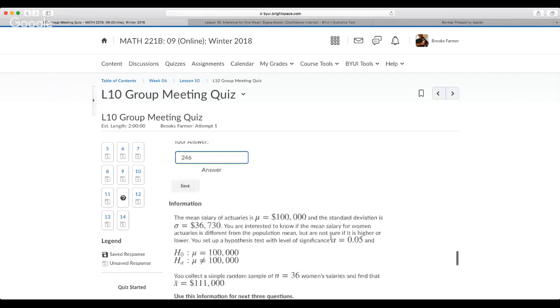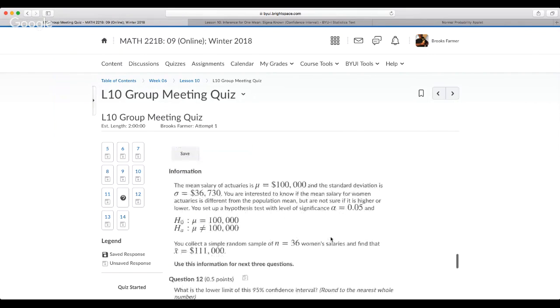All right. Someone want to read this information? The mean salary of actuaries is $100,000, and the standard deviation is $36,730. You are interested to know if the mean salary for women actuaries is different from the population mean, but you are not sure if it is higher or lower.